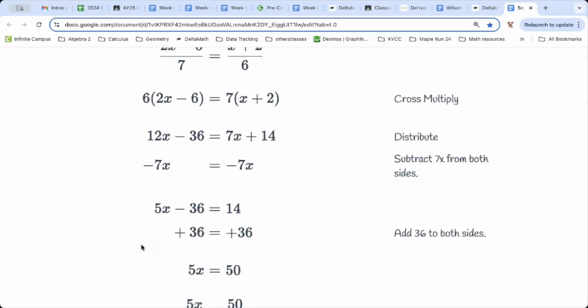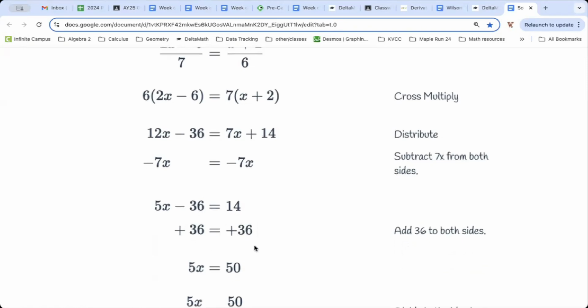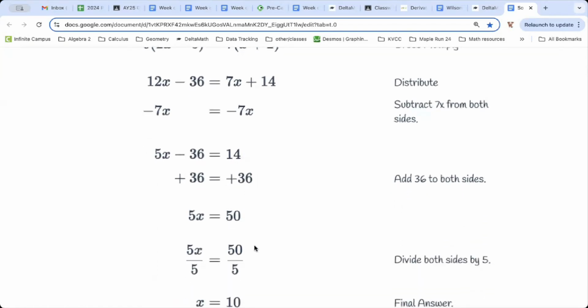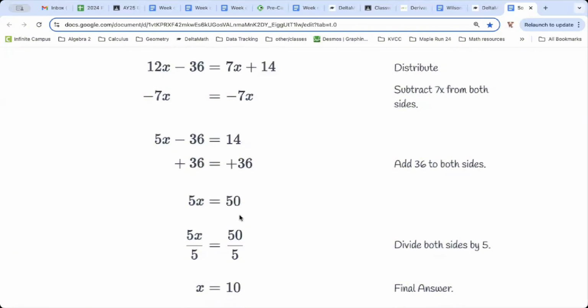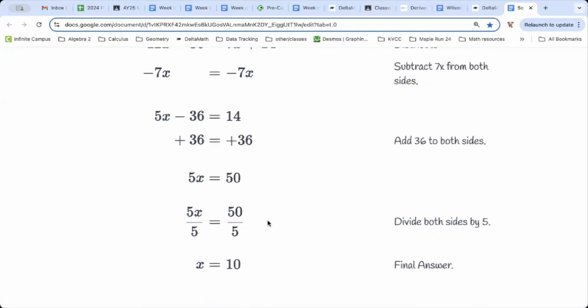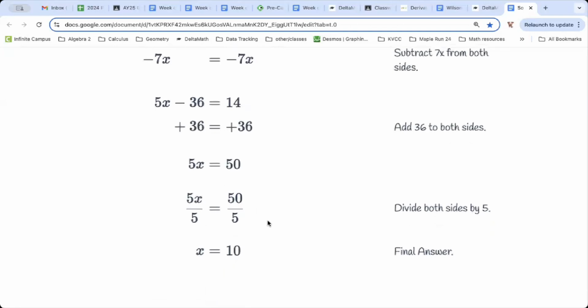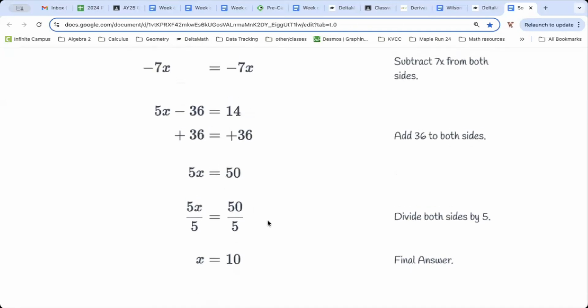Negative 36 and positive 36 cancel each other out. On the right-hand side, you just add those. 14 plus 36, you get 50. Now that's pretty straightforward. Just divide by 5 on both sides, and you get x equal to 10. That's your final solution for this problem.